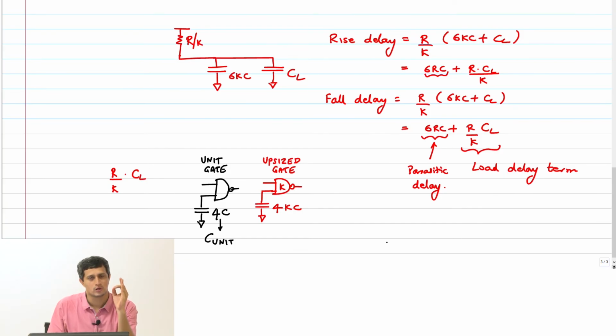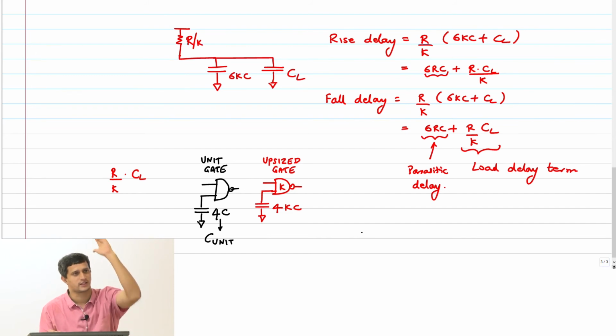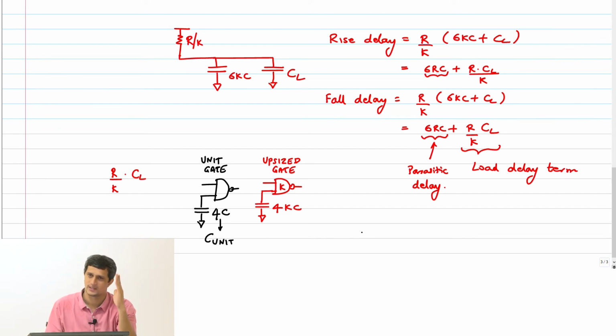Right, I told you for a NAND gate, the unit gate is 2, 2, 2, 2 sizes. For a NOR 2 gate, it is 1, 1, 4, 4. For NOR 3, it is 1, 1, 1, 6, 6, 6. Like that, if you define a unit gate, then whatever capacitance that unit gate presents, we will define as C unit.